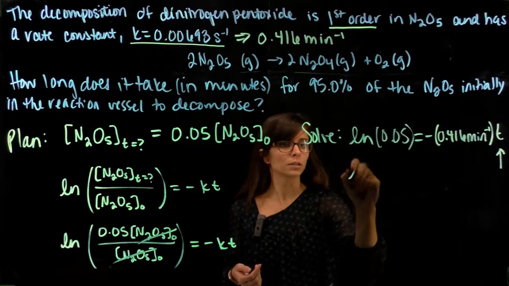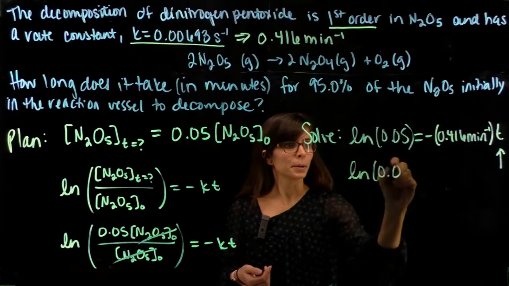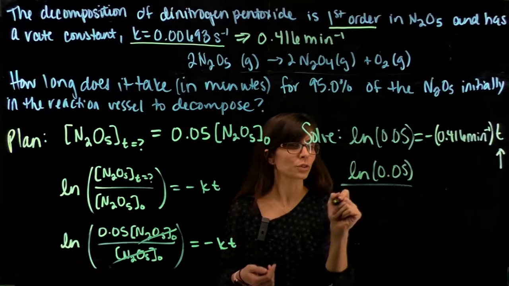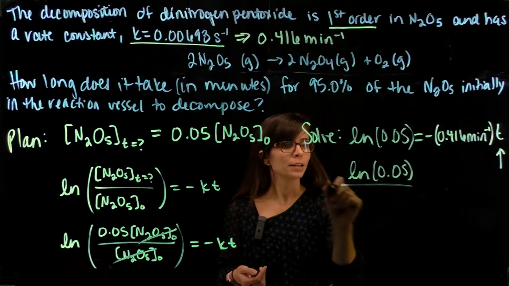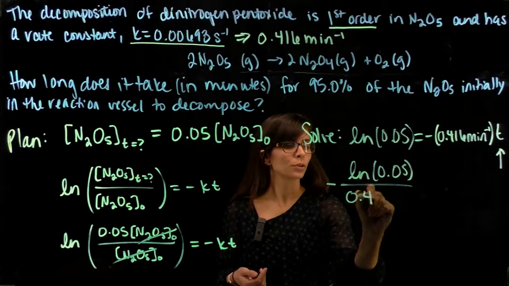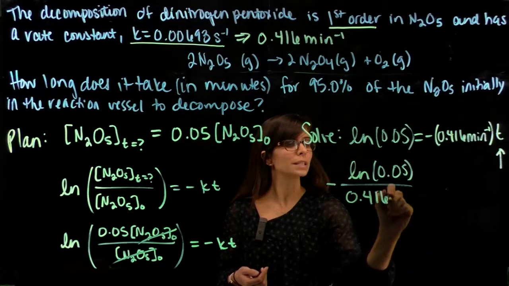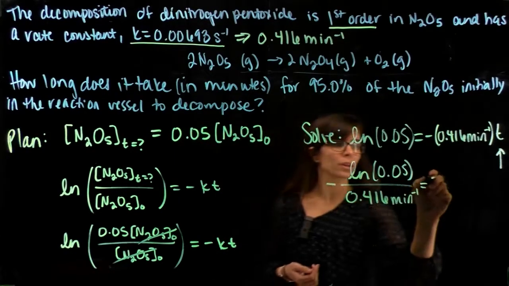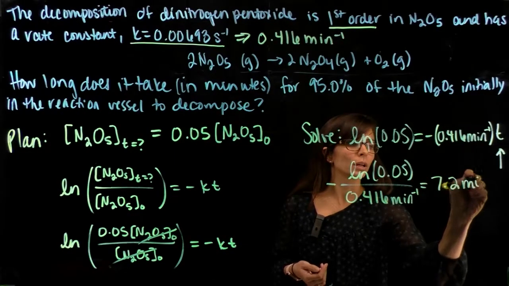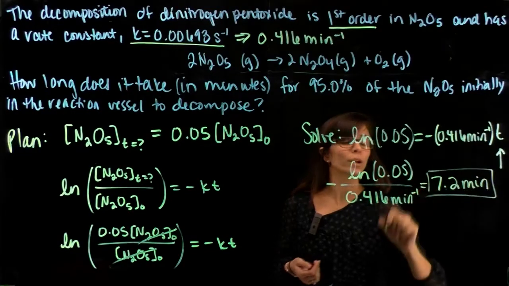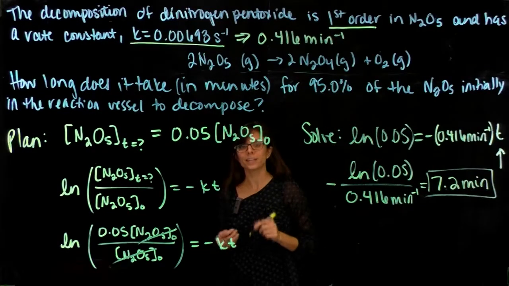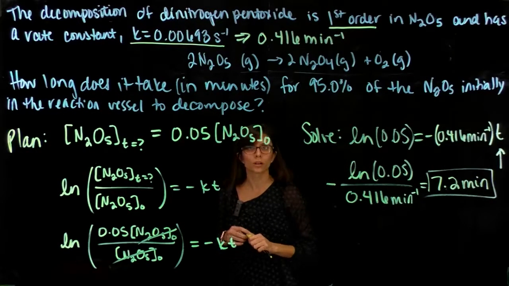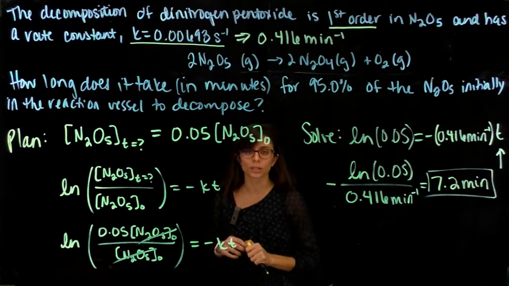Okay, so if I just take the natural log of 0.05, divide by negative 0.416 inverse minutes, what I end up with is 7.2 minutes. So it takes 7.2 minutes for 95% of that initial reactant to decompose.